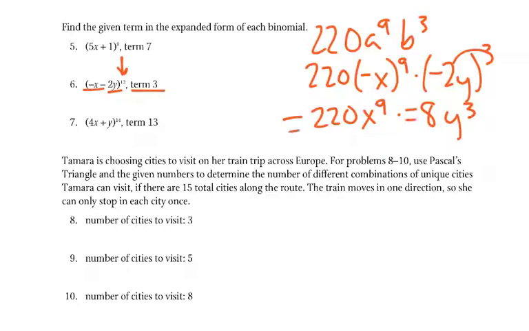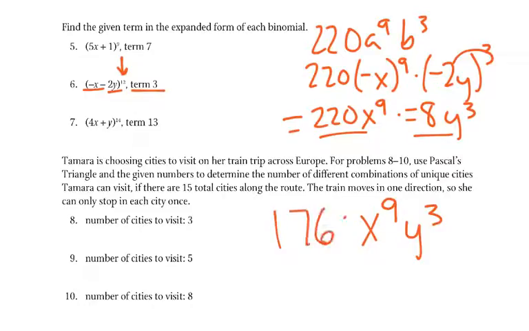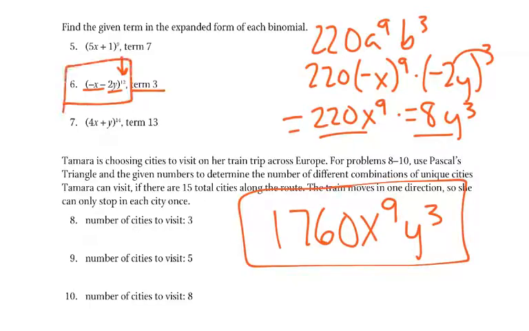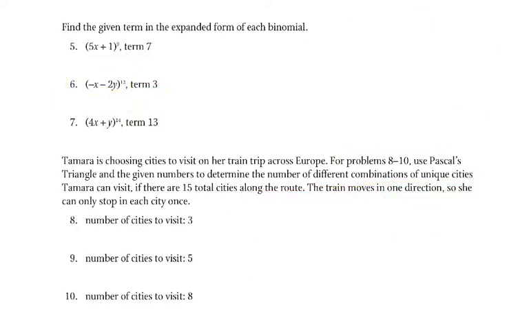So negative and a negative make a positive, so 220 times 8, and we'd have x to the 9th y to the 3rd. So 220 times 8 gives us 1760. So that is the 3rd term in that binomial if we expanded it out. Okay, hopefully you get the gist of it.